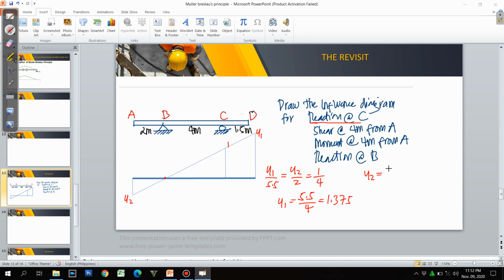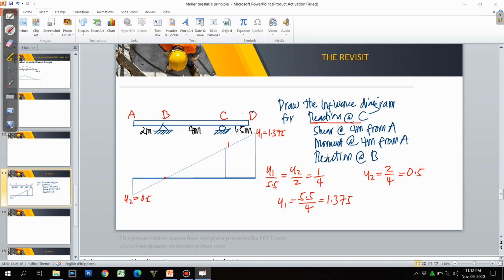So 2 will cross multiply with 1 divided by 4, and obviously this is equal to 0.5. So y1 is now determined and y2 is determined. Okay, so this is the solution for the reaction at C.